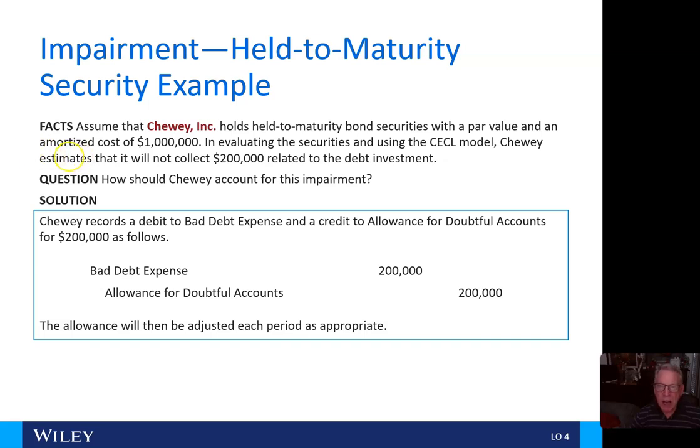How should Chewy account for this impairment? As we look at the solution, Chewy records a debit to bad debt expense and a credit to the allowance for doubtful accounts for $200,000. Pretty straightforward there. The allowance will then be adjusted each period as appropriate.